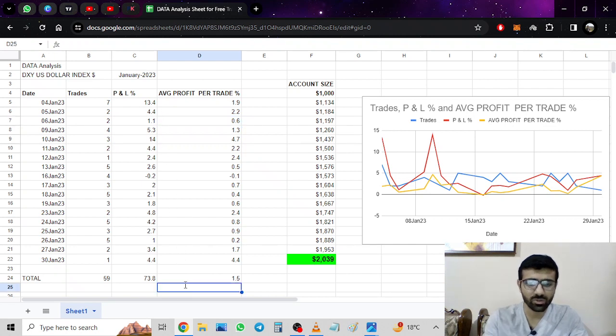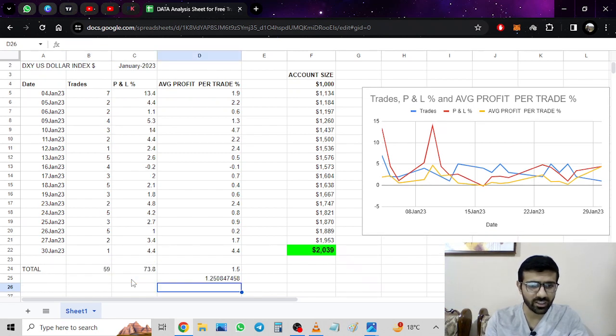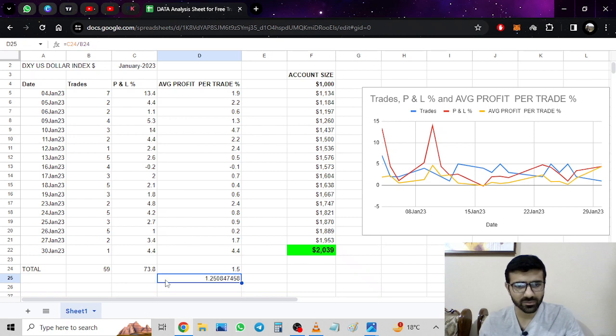So if I divide 73 by 59, the answer would be similar. Okay, 1.25, which is approximately more or less the same. So if we do this or this, the answer is approximately more or less the same.